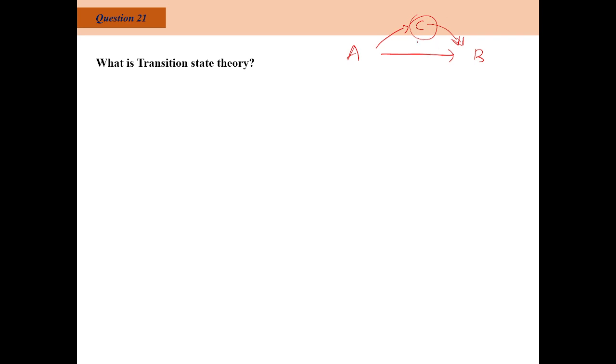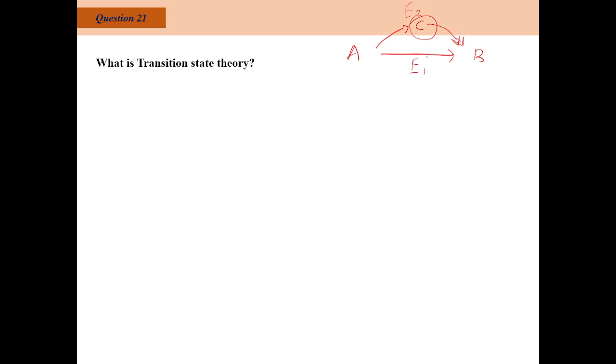Sometimes this will be a very minor state, and the probability, or if I say the energy of this is much higher. Suppose we are having energy E1 for this path, and we are having E2 in this path.